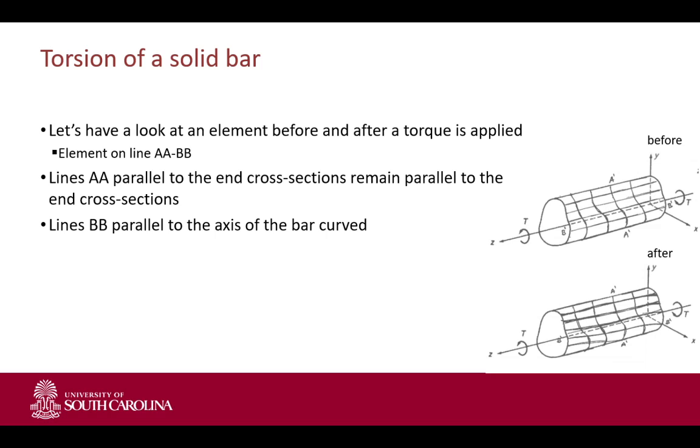So we know that lines AA remain parallel, so those lines do not twist. And lines BB, any line parallel with the z-axis, will twist. It will go along with the curvature of the twisting. So those two observations are key to the starting point of our derivations.